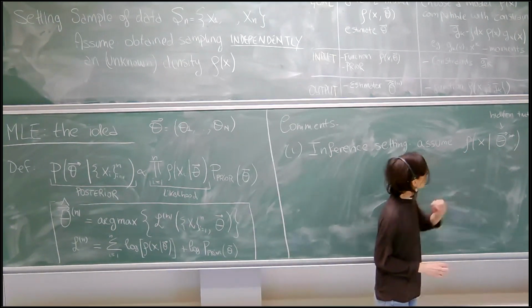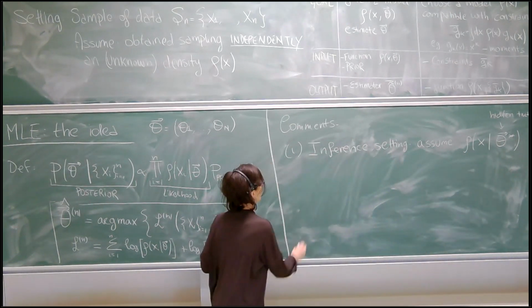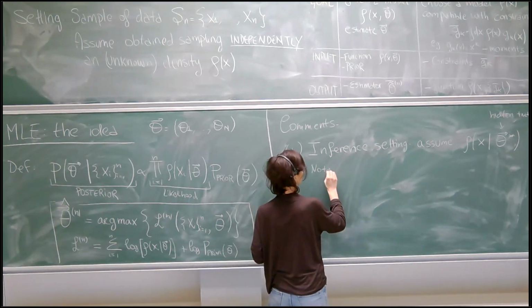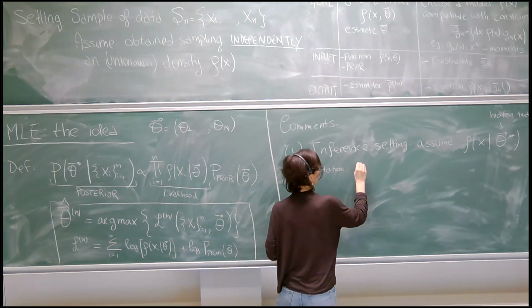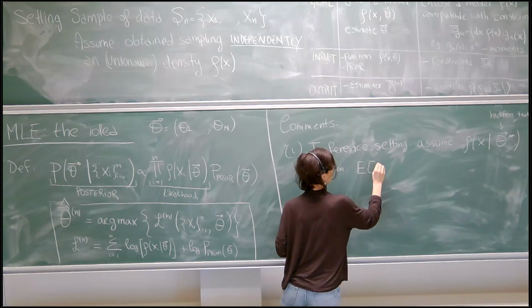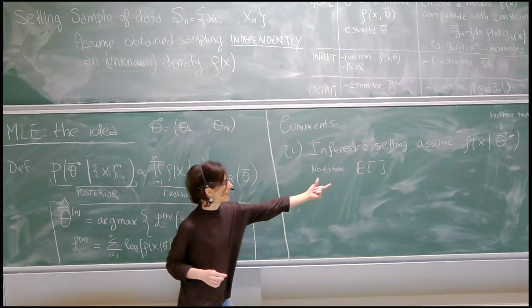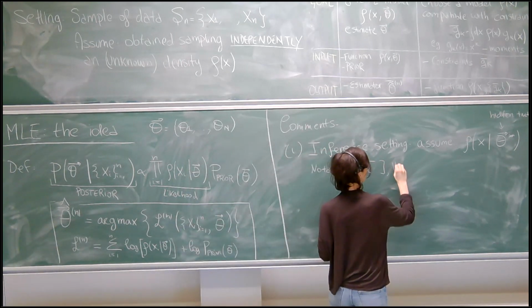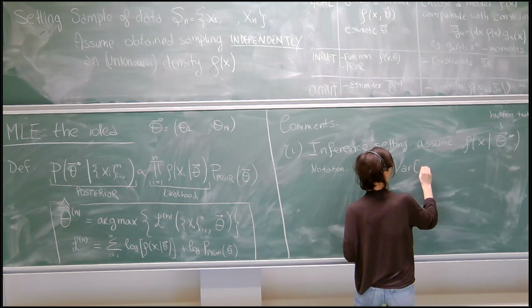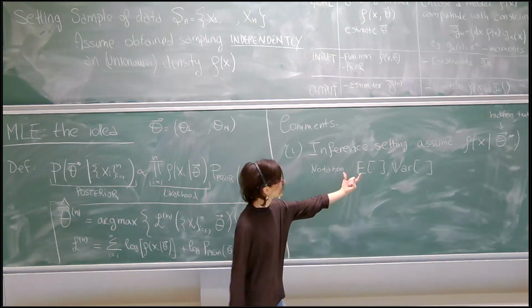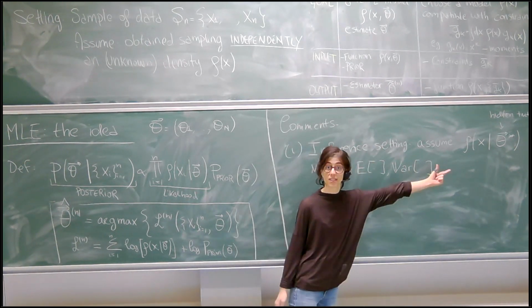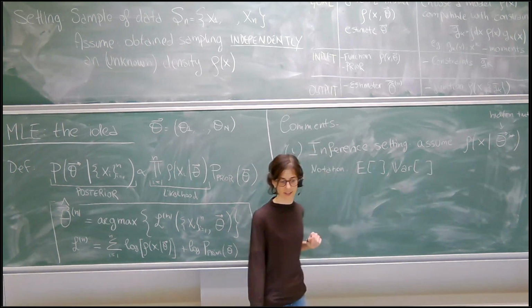And just as a notation in the following, I will denote with this expectation value, and I will denote with this variance, the expectation value and the variance with respect to the true underlying distribution.